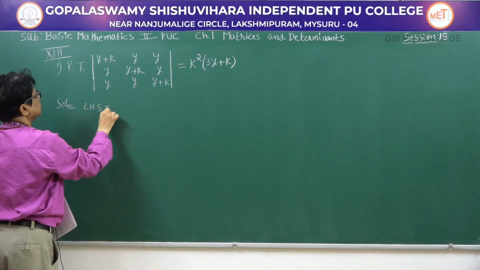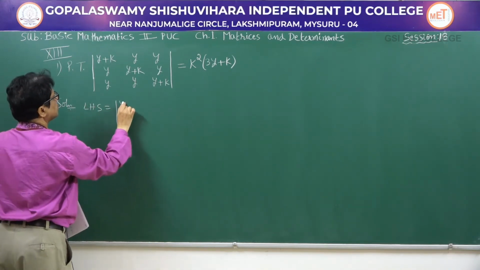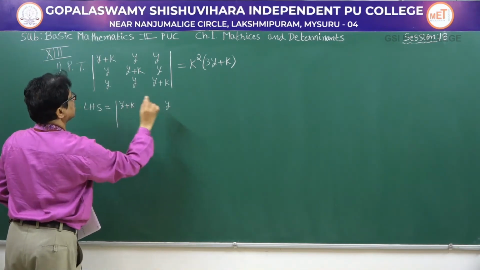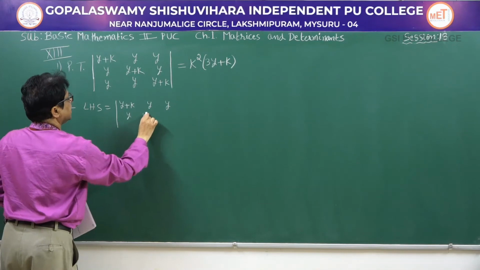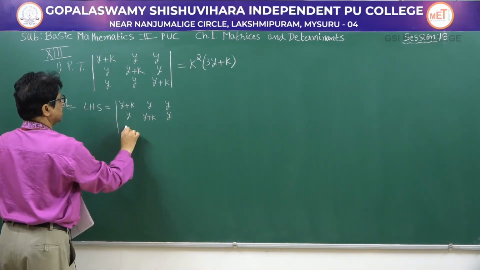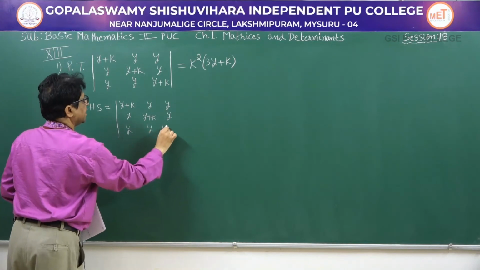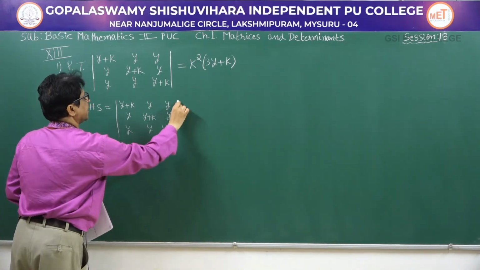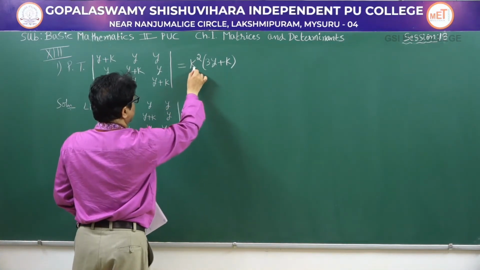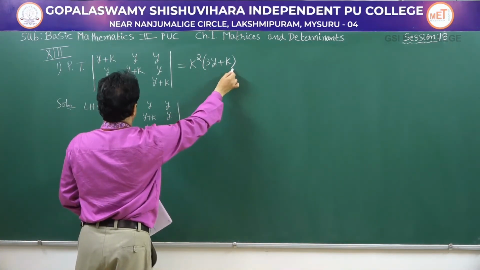LHS is equal to determinant of y plus k, y, y plus k, y. If you see the answer, it should be k square into 3y plus k.